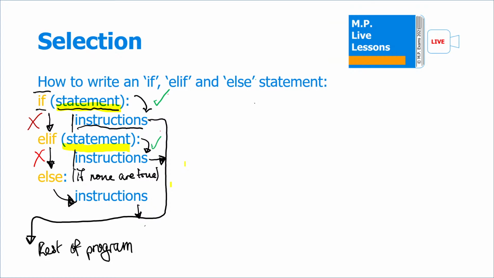Suppose this could be used to check the age of a person, like an age restriction. I could write the first if statement to be: if, let's say, we have a variable called age which stores the user's age, age is greater than or equal to 18.